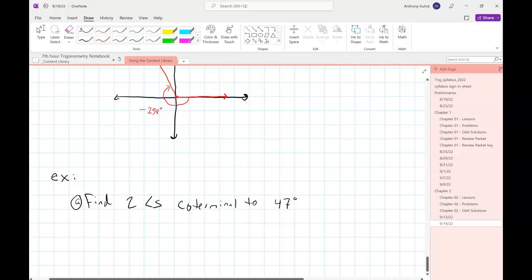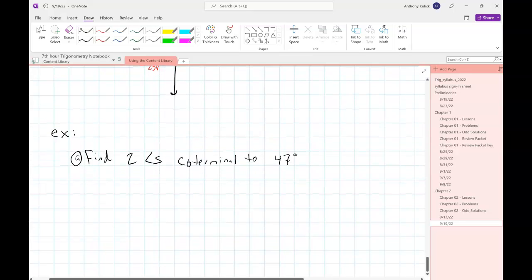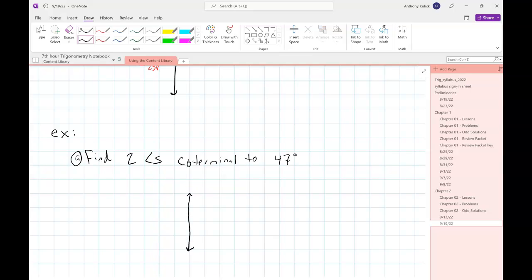What if I want to find two angles that are coterminal to 47 degrees? What does coterminal mean again? I think we just said it, right? It means the angles have different measures, but their initial and terminal sides are in the exact same positions.